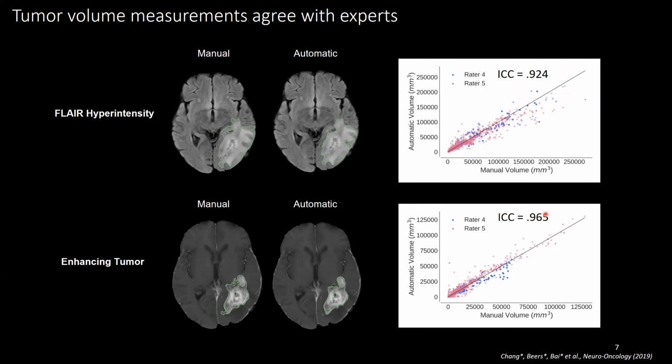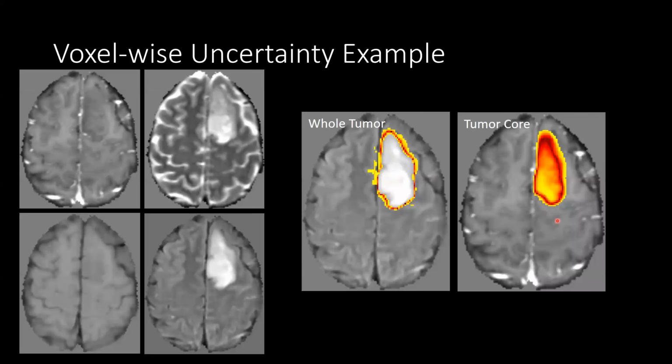One challenge, though, is that we don't necessarily have good ways to predict which cases were segmented well and which should be reviewed or edited by a clinician, but a number of groups are developing such methods. In particular, we're actively working on ways to extract voxel-wise uncertainty information from these networks.